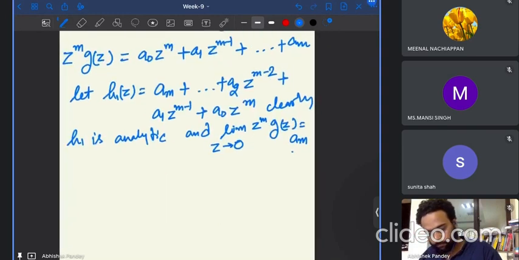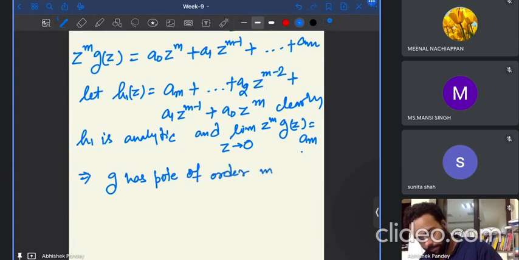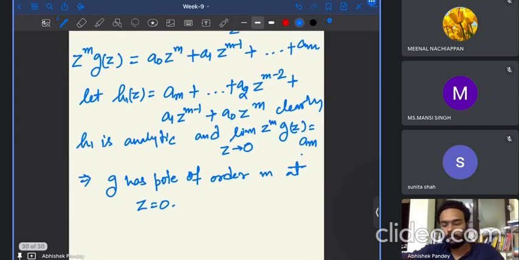So this implies that g has a pole of order m at z equals 0. Is it clear, everyone? Yes, sir. Okay.